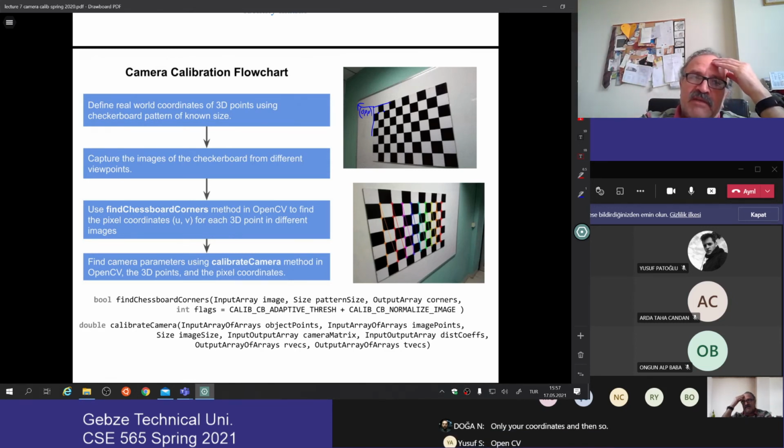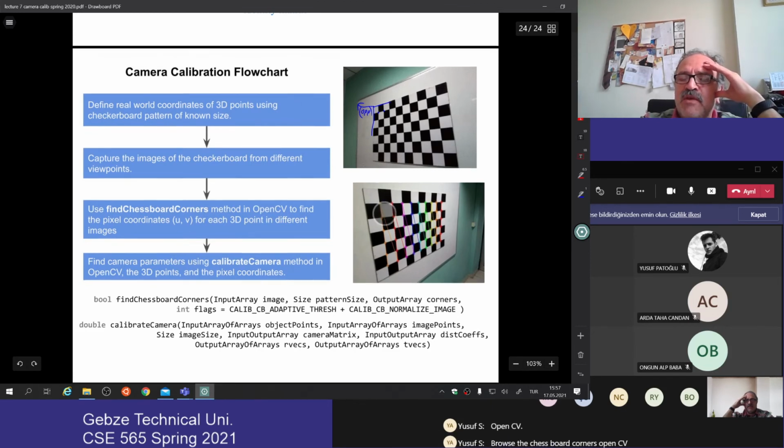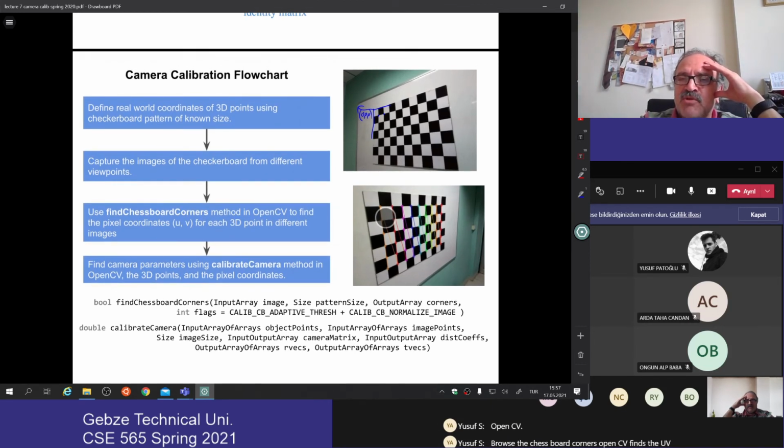When it runs the chessboard corners, OpenCV finds the UV coordinates in the image coordinate system for this image. And if you have more than one image, and you should, it doesn't work with a single image. You should have many images with different points of view.